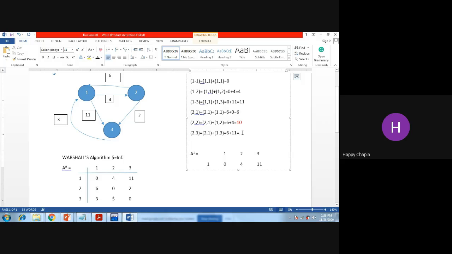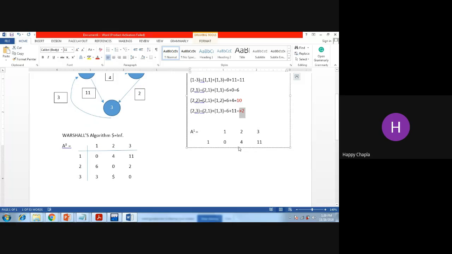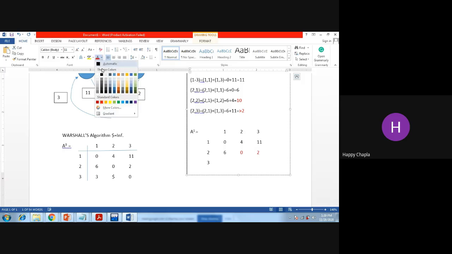So answer is greater than your 2, so we cannot take this value। Okay, so 2 as it is हमें लिखना होगा। Clear?